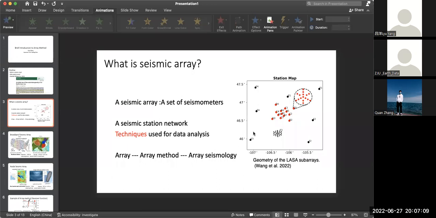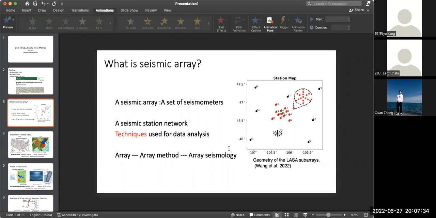Techniques are the key point to distinguish a seismic array from a traditional seismic station network. Based on an array, researchers can make good use of different kinds of array methods, contributing to the development of array seismology. So please take a look at the right figure.